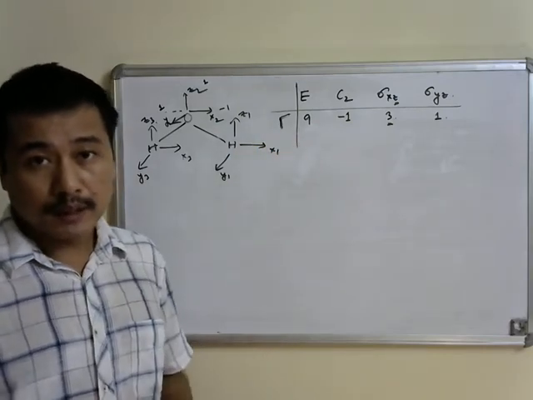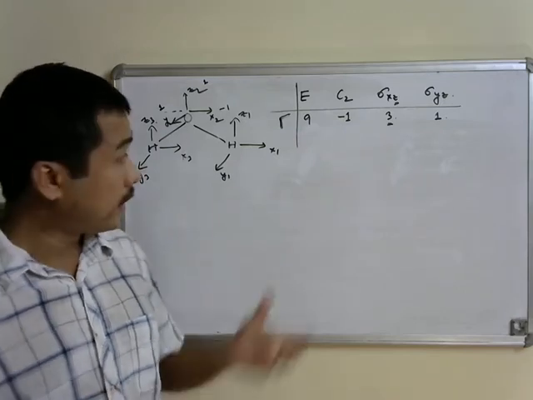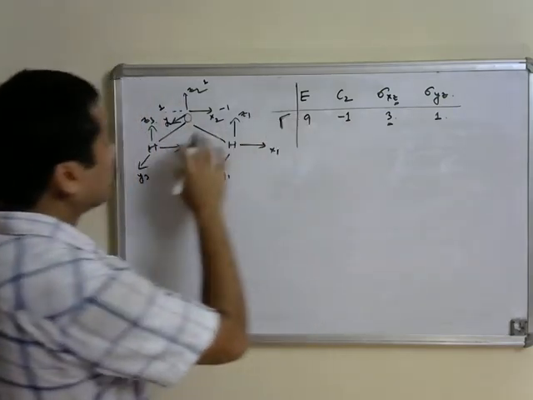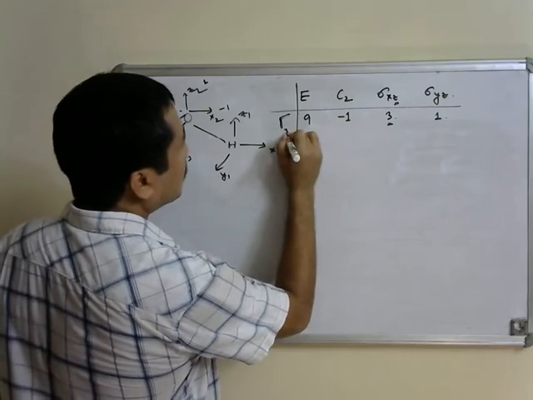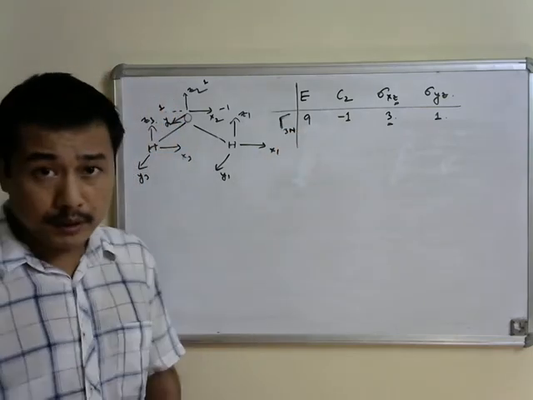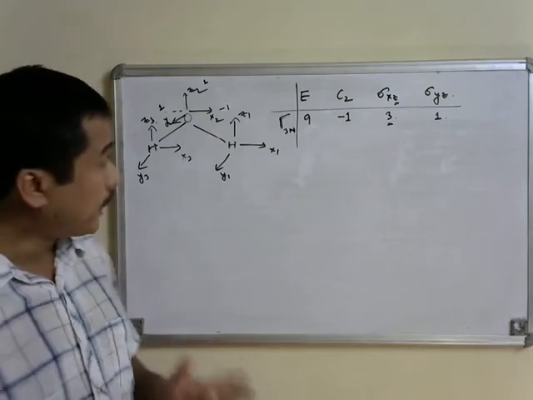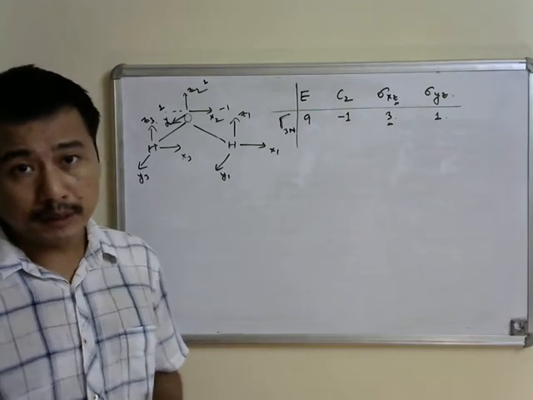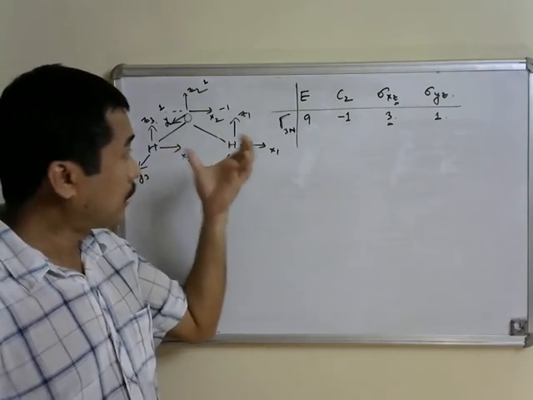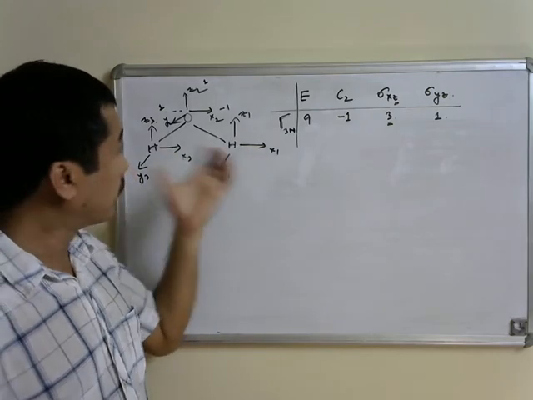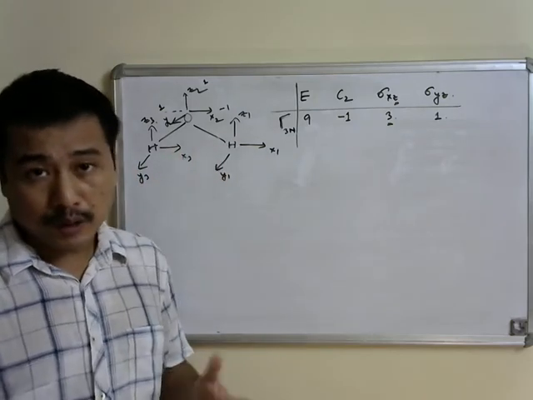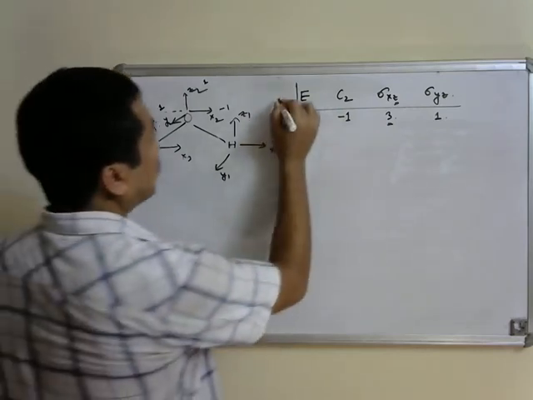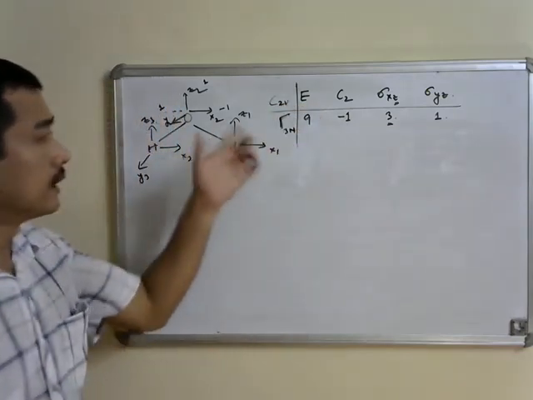We will learn why we call them reducible representations in another lecture. But now we call this reducible representation gamma 3n, because we have deduced it by taking the 3n displacement vectors on the water molecule as the basis. So this is the gamma 3n for the water molecule, a reducible representation of the C2v point group.